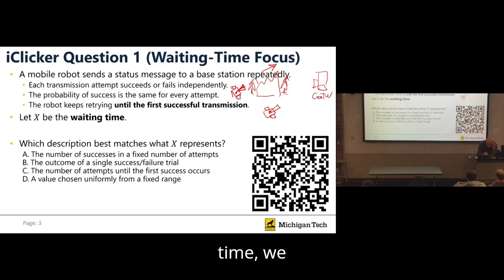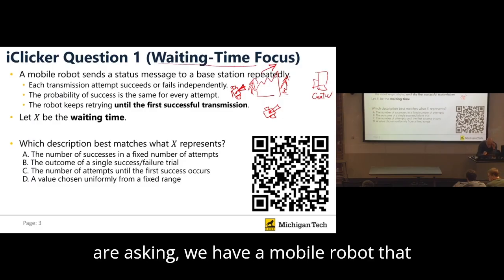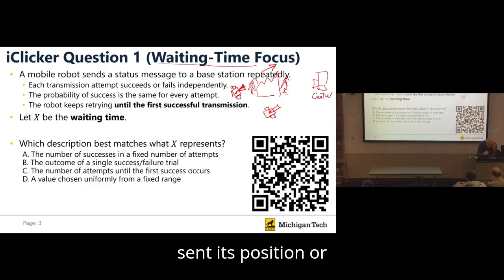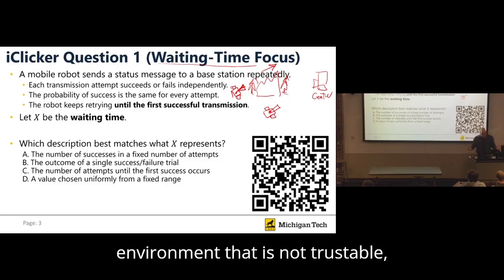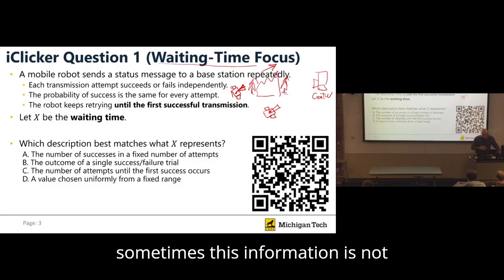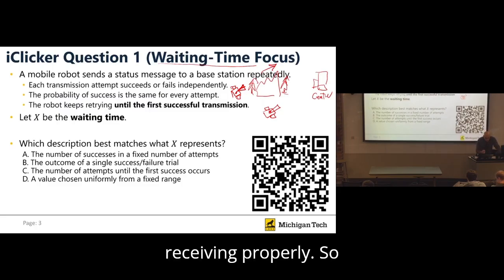So, waiting time. We have a mobile robot that sent its position or a status message to the base or center. And sometimes, because the environment is not trustable, this information is not received properly.